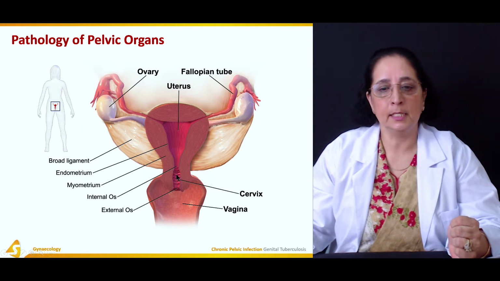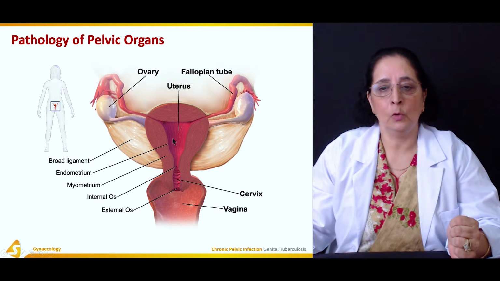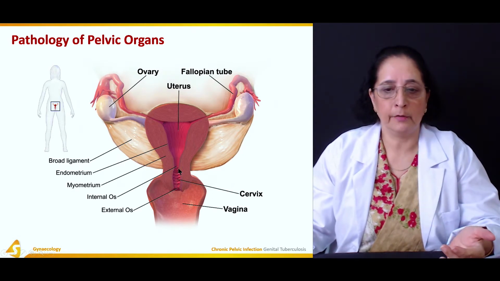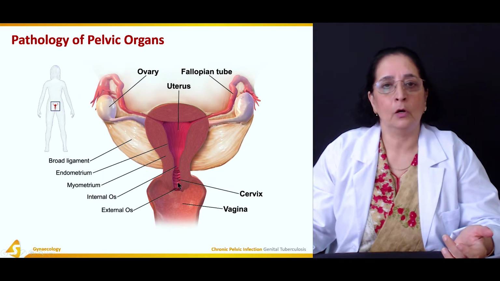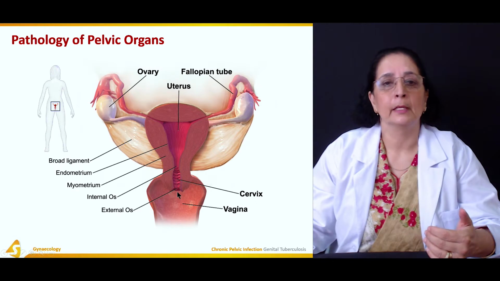There is an internal os, which is the opening into the lower portion of the uterus. The external os is the lower opening that enters into the vagina.